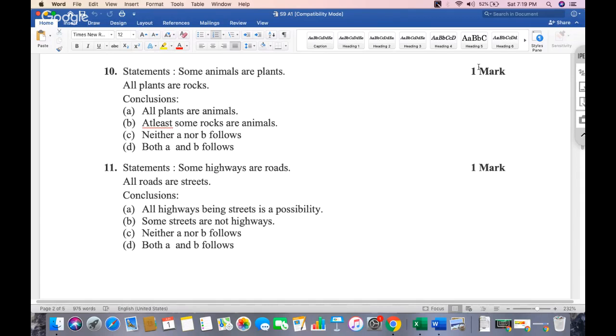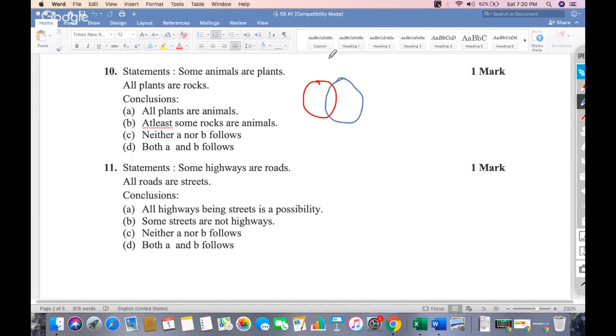Okay, question number 10 I am solving now. Some animals are plants. So, animal, and then I have plant. So, animal and plants.